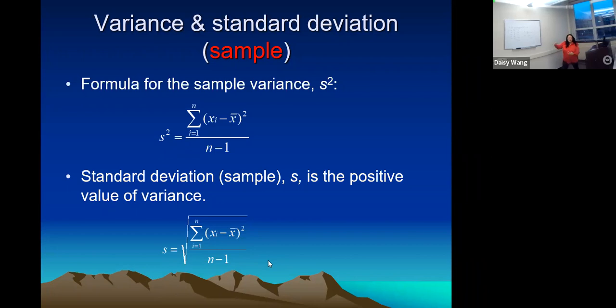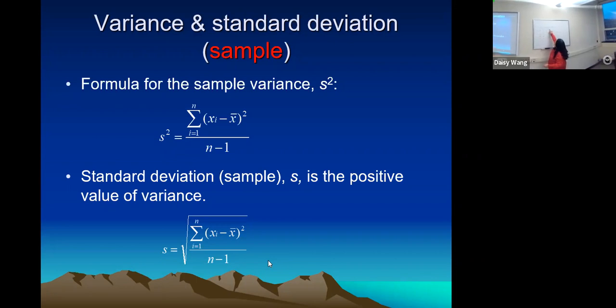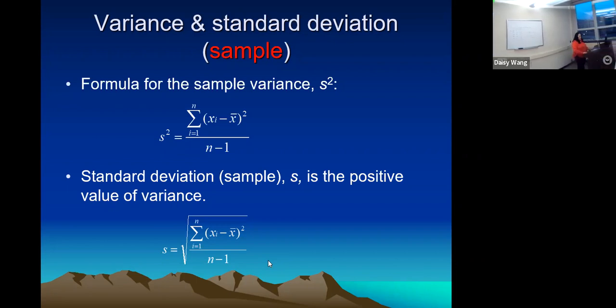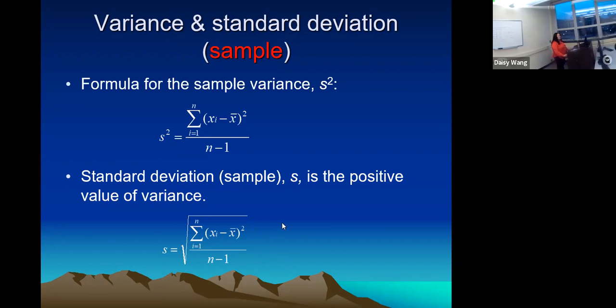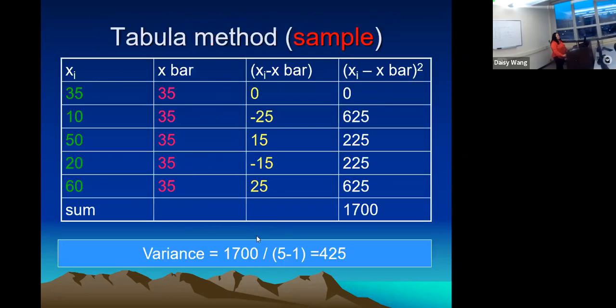Okay, so if we calculate using the formula, we are supposed to do 35 minus this, squared, plus this squared, this squared, this squared, this squared, divided by 4, and then square root. Okay, so the tabular method is similar to what we did.